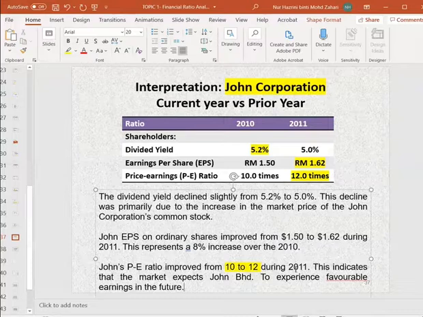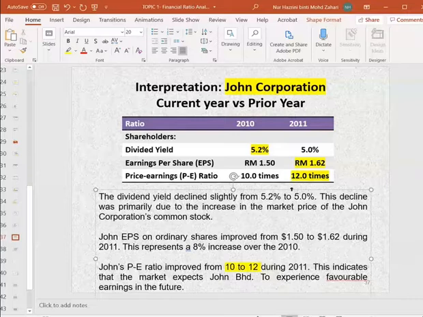That's why the market price of your shares spikes up. So it means that in 2010, people were willing to pay 10 times your EPS to purchase your shares. By 2011, people are willing to pay 12 times your EPS. This indicates that the market expects John Berhad to experience favorable earnings in the future.